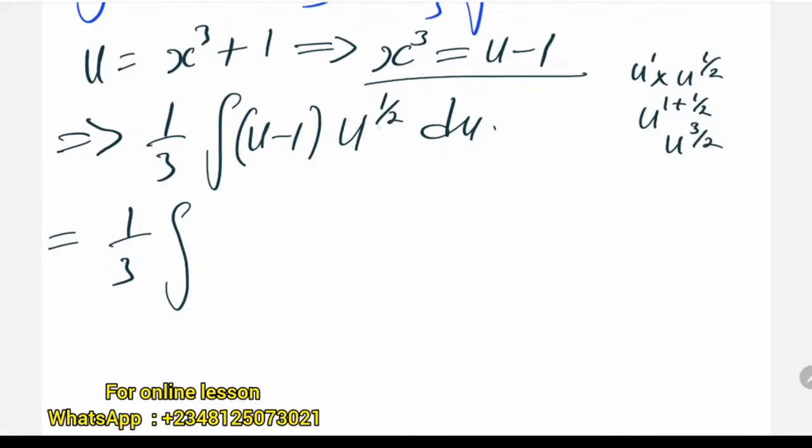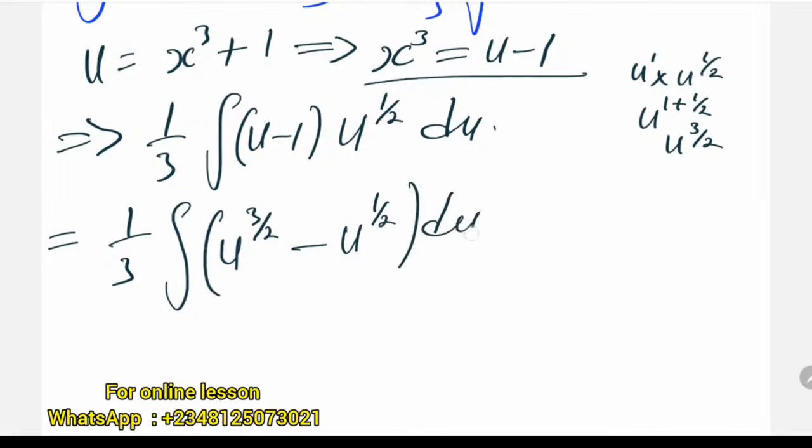So that is what will be here. This one times this one will give us u raised to power 3 over 2. Then this multiplied by this gives us minus u raised to power 1 over 2. So we have our du.